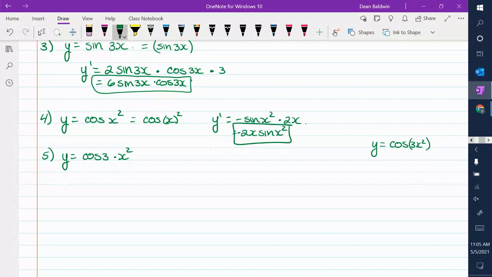What's cosine of 3? I don't actually care. Some number, who cares? It's a constant though. You don't have to worry about the constant when doing the derivative, right? So I can just go y prime is equal to the constant, which is cos of 3, times the derivative of my function. What's the derivative of x squared? 2x. There's your derivative, because this is a constant.